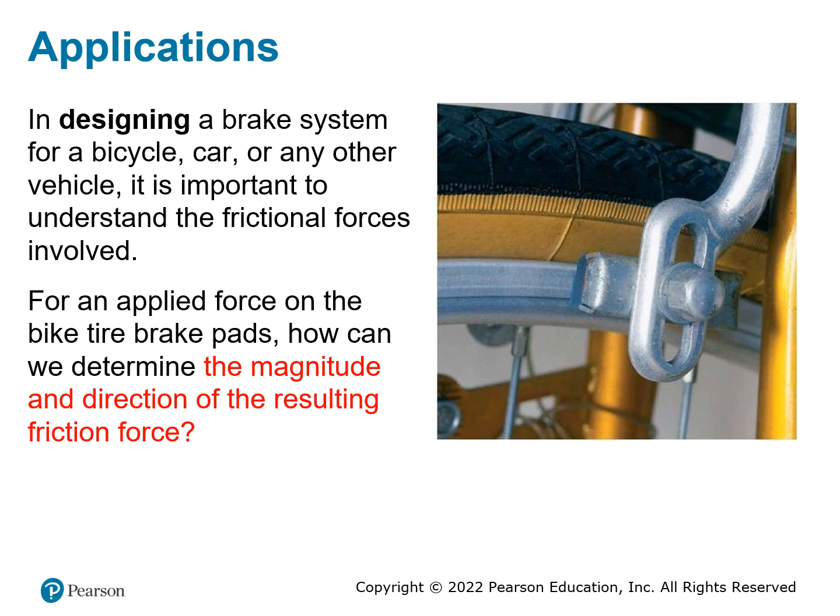A brake system tries to stop something moving, and that depends heavily on the friction. And as we said at the very beginning, if you want to design a brake system, it is very important for us to know how much friction we need and what is the direction of the friction. So that is going to be the topic of this chapter.